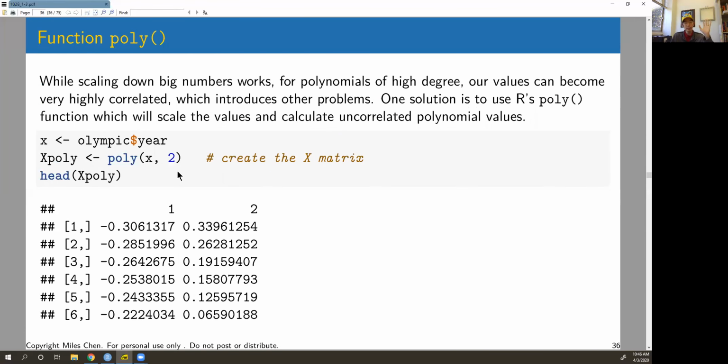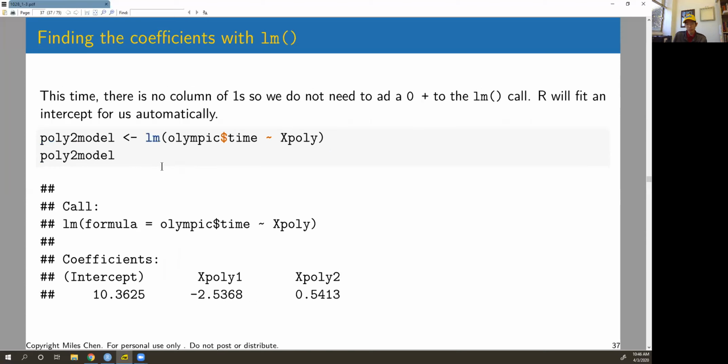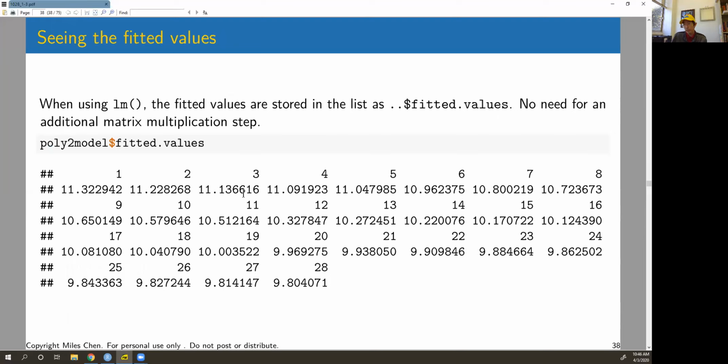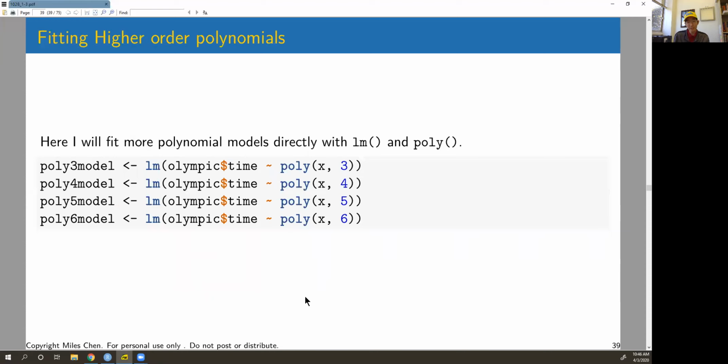So if you plan on fitting polynomial functions, we recommend using this rather than manually creating all of these things yourself. And we can see that, despite all of our coefficient terms being different, the predicted values are exactly the same as before. And so that was a second order polynomial. Now we can just say, well, what if I fit a third order polynomial, or a fourth or fifth or sixth order polynomial?